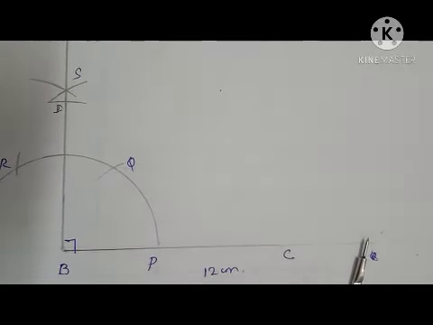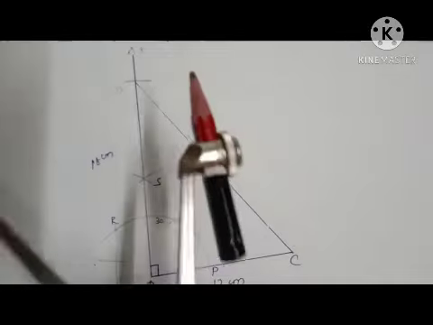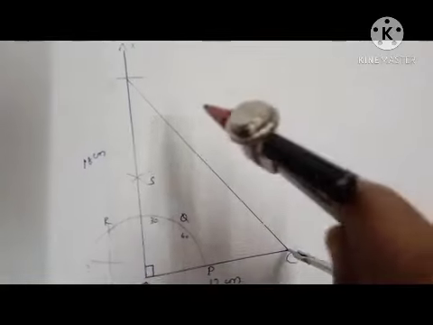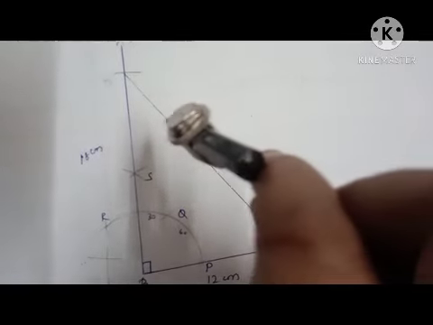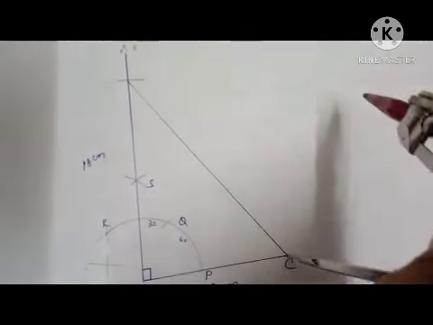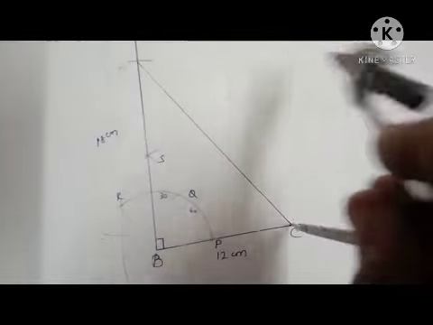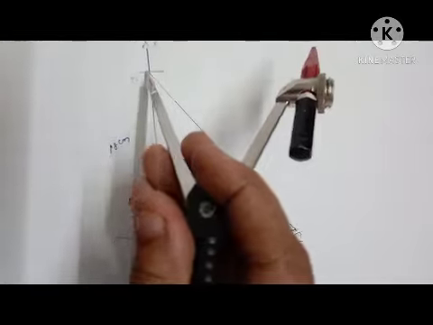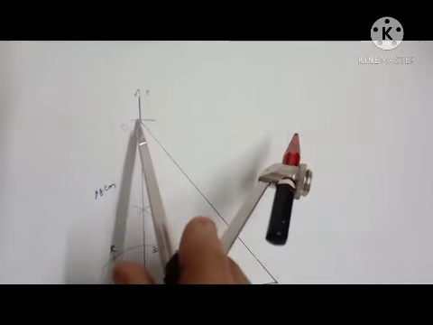Then draw its perpendicular bisector. Join C and D and draw the perpendicular bisector of CD. For that I will take more than half of the distance and draw the arc from C to left and right of this line segment CD. With the same measure from D also we have to draw the arcs. Okay.